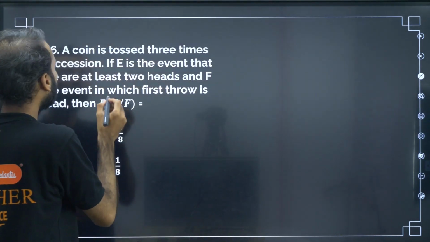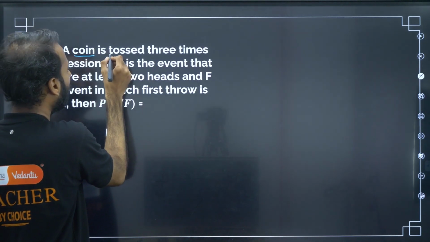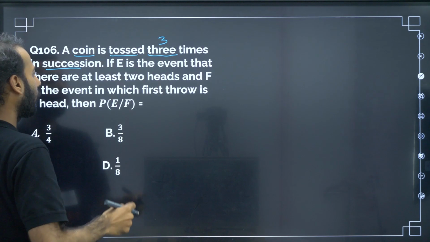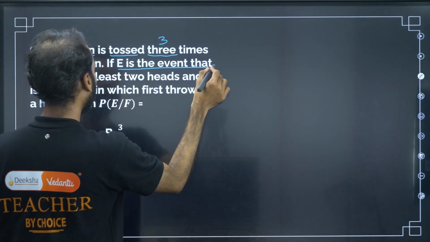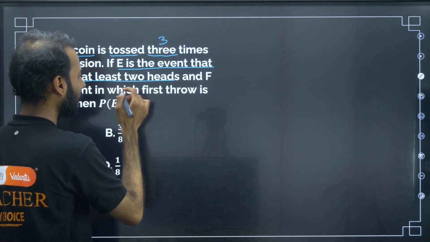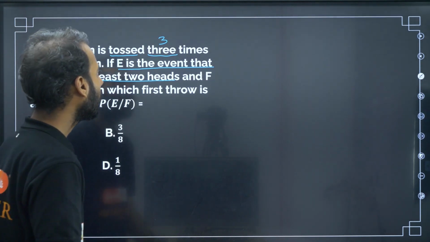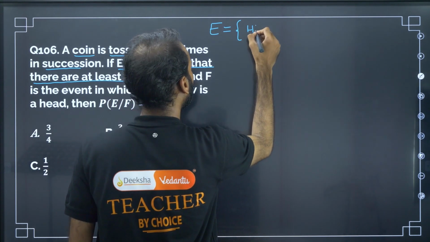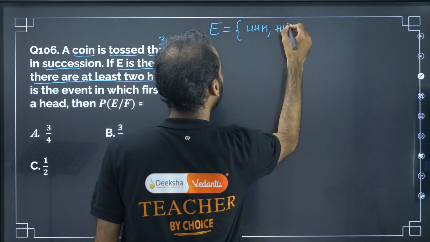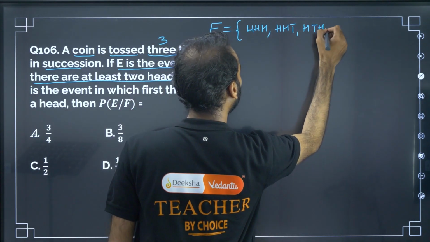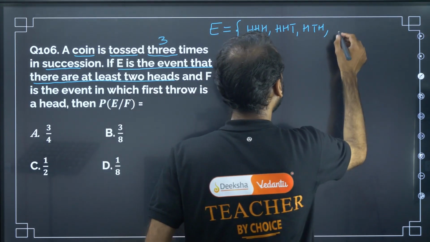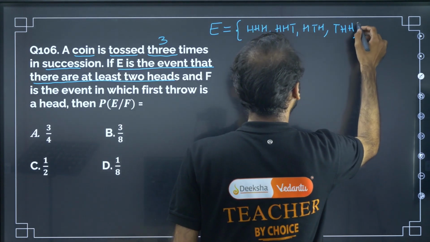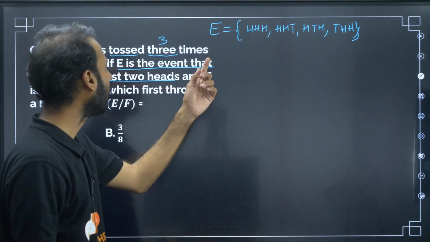If a coin is tossed 3 times, in succession, one coin tossed after another. If E is the event that there are at least 2 heads, that means 2 heads or 3 heads are possible: HHT, HTH, THH, HHH. That is 1, 2, 3, 4 outcomes for at least 2 heads.